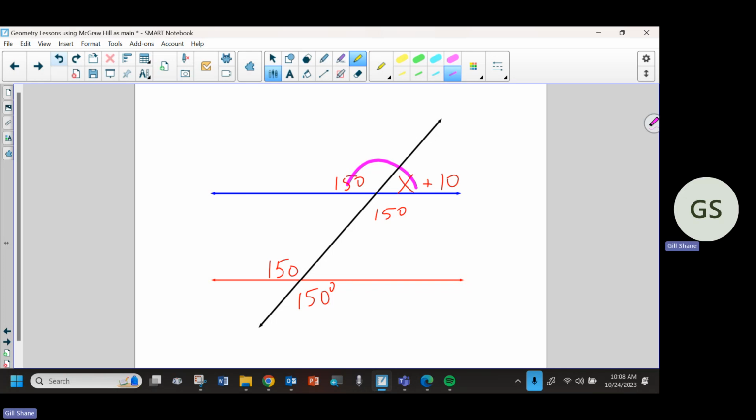One angle plus the next angle has to add up to 180. That's what I mean by creating an equation. Then do the math: add the 150 and the 10 to get 160, subtract 160 from 180, and x would be 20. That's pretty simple algebra.